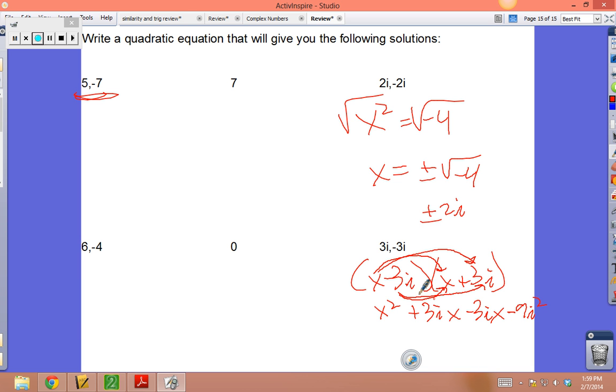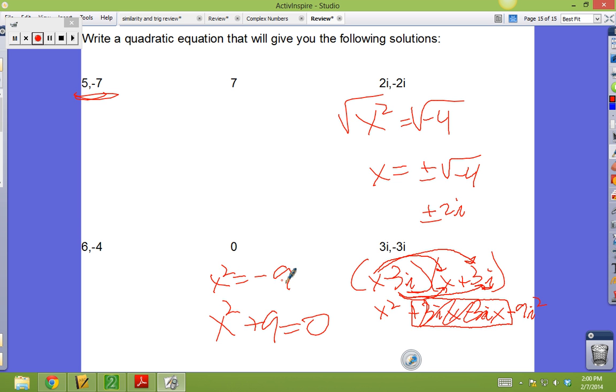What's i times i? Negative 1. So what's a negative 1 times a negative 9? A positive 9. What's 3ix minus 3ix? That's 0. So you got x squared and a positive 9 equals 0. And that's the same thing as x squared equals a negative 9. What number times itself is a negative 9? 3i or a negative 3i.